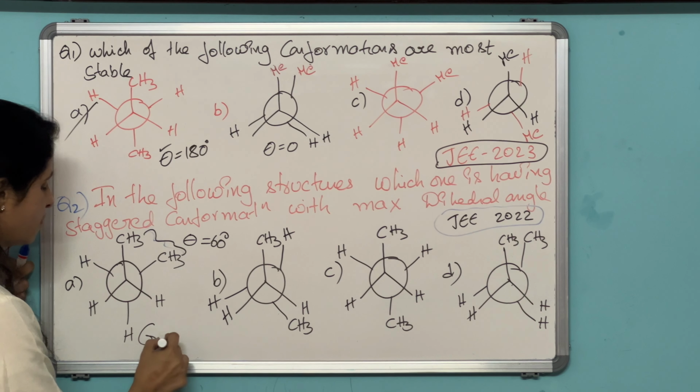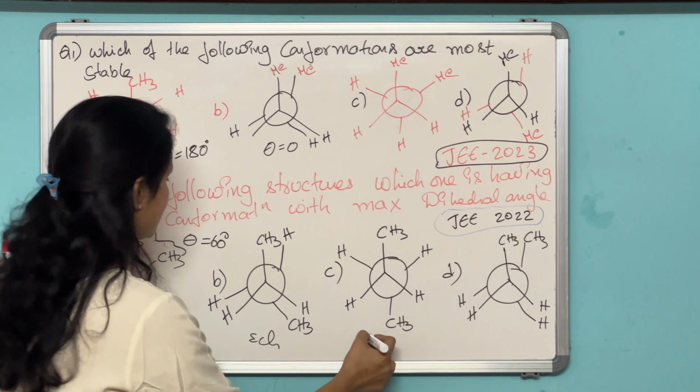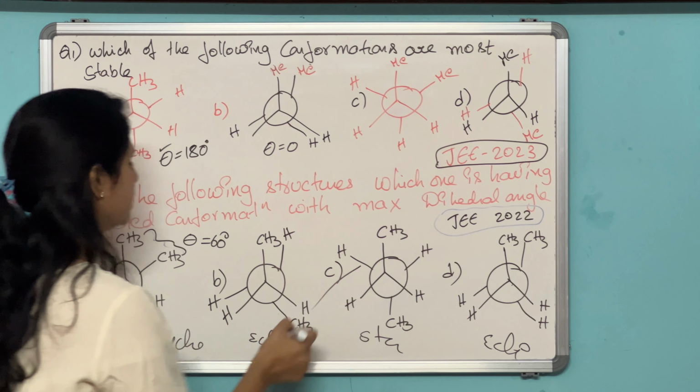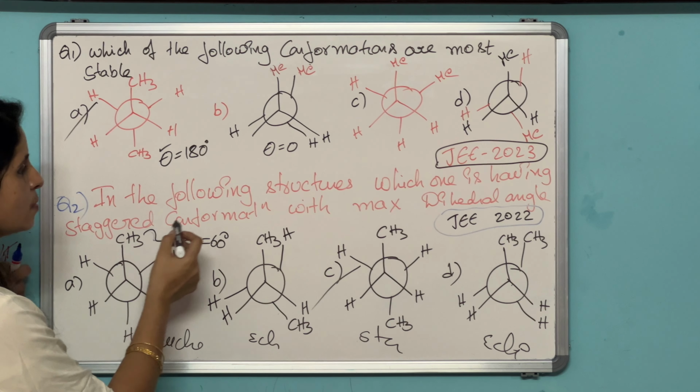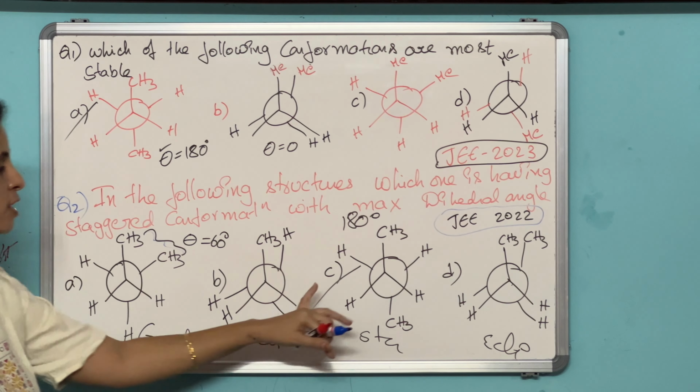This is gauche. This is not staggered, it is the eclipsed form. Here it is the staggered form. Here it is also an eclipsed form. So this is having the maximum dihedral angle, that is 180 degrees. This will be your answer.